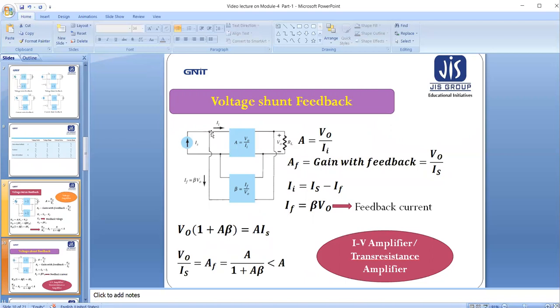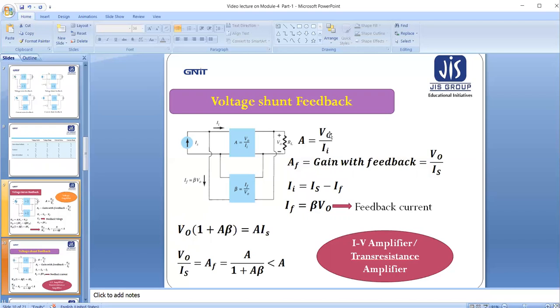Now Ii means the resultant current from the Is, because one current is going through the feedback circuit, that is the If. So Ii can be written as Is minus If, and If is derived from the output voltage. So If can be written as beta into V naught. So feedback is the current.